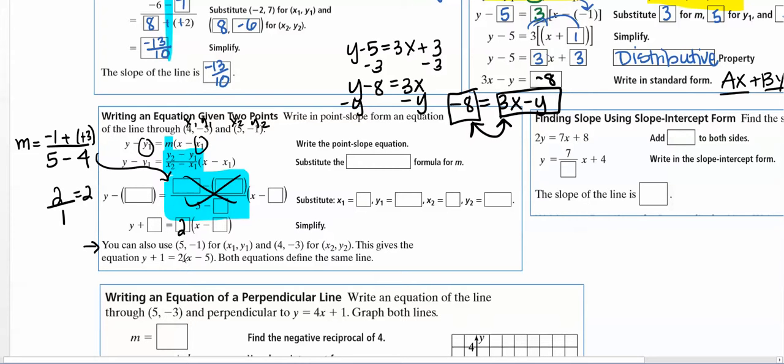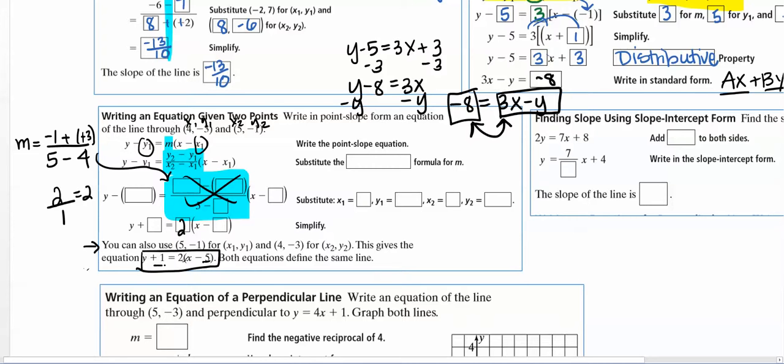Now, when you have 2 points like this, you get to choose. They're kind of sticking with x1 and y1 from their first labeling of x1, y1. So 4, negative 3 is what they chose, but you could use 5, negative 1. And if you use 5, negative 1, you will get a different answer, but it's equivalent. Okay, so they did 5, negative 1.